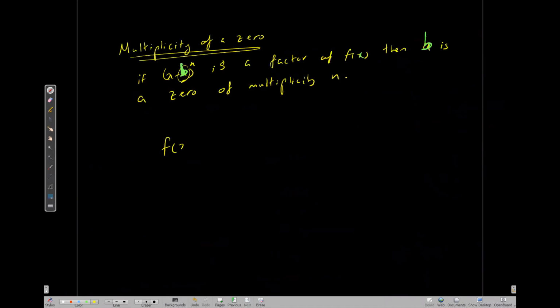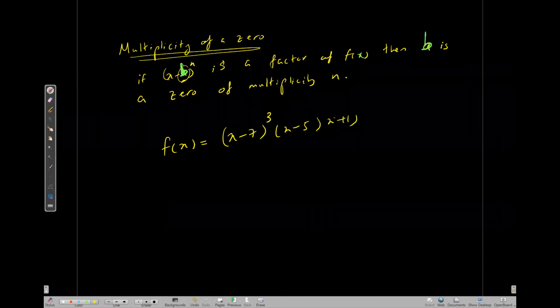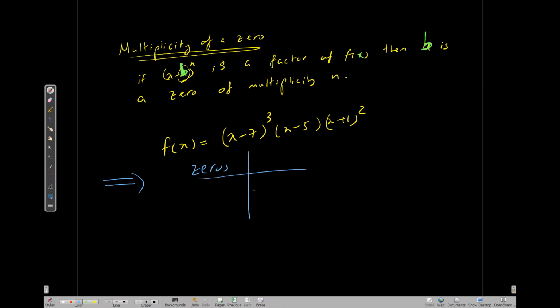If after factoring you had something like this, just get used to this. What are the zeros and what are the multiplicities? Let's make a simple table.